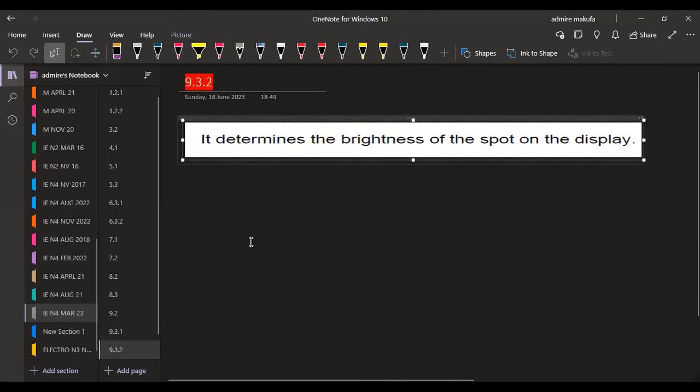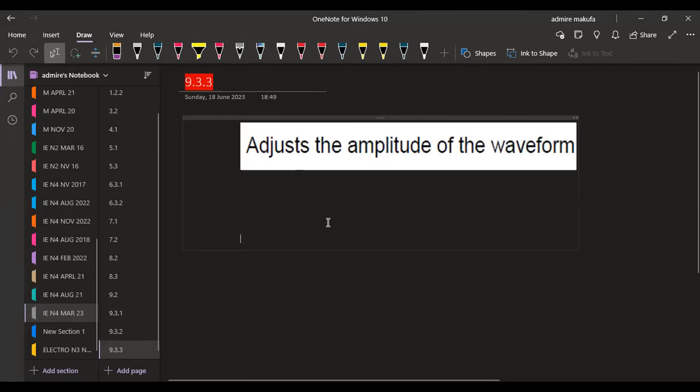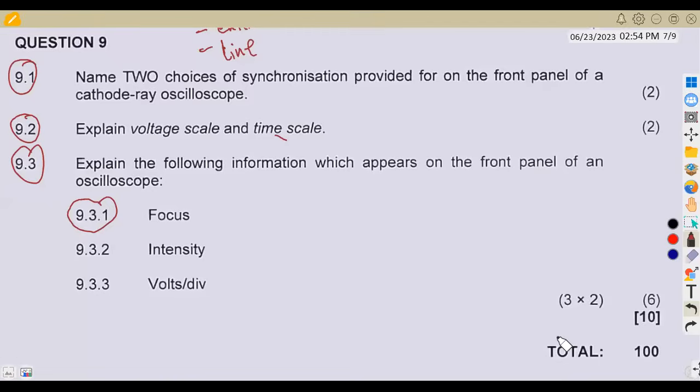The intensity determines the brightness of the spot on the display. Then we have the volts per division, which adjusts the amplitude of the waveform, since you're talking about the voltage part. So these are some of the knowledge we might need in our revisions, which helps us in answering questions.